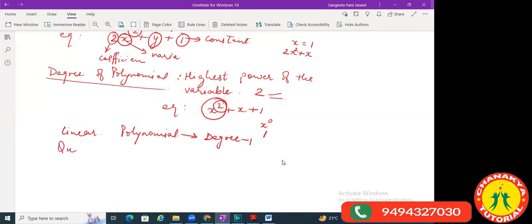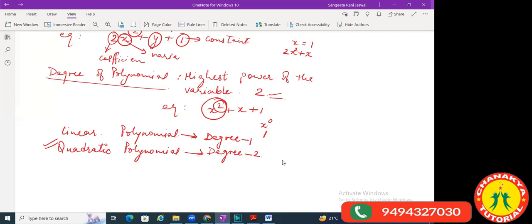We call such kinds of polynomials linear polynomial. Then we have quadratic polynomial. Children, in this chapter, we will mainly learn about quadratics. Linear you have already done in your previous class. In this chapter, we will mainly deal with quadratic polynomials.